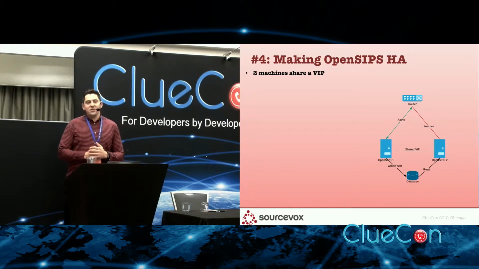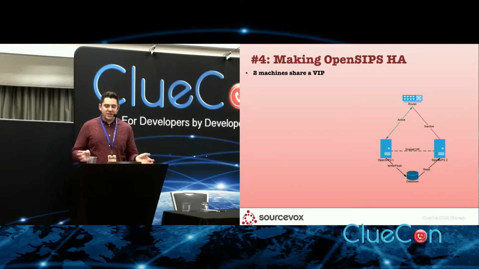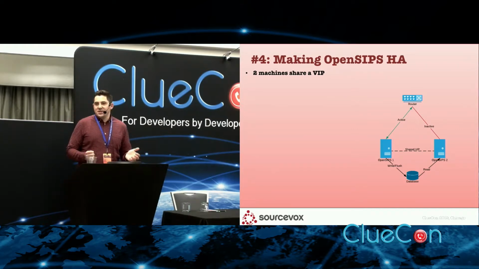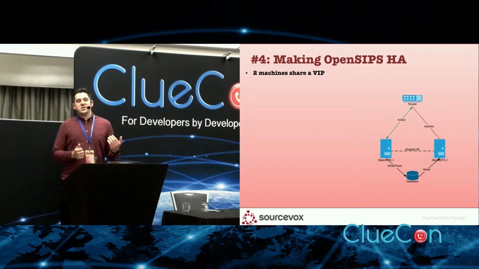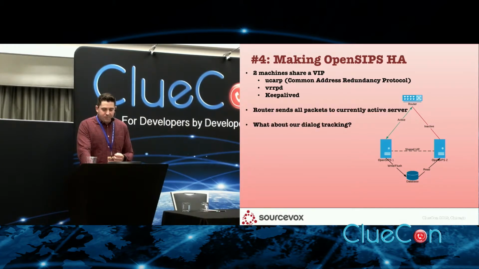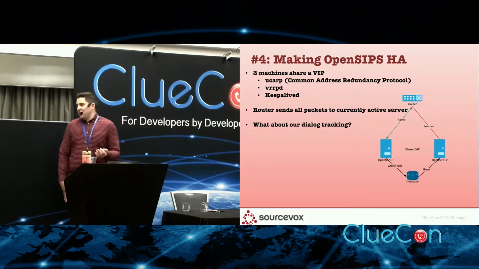So you have a shared virtual IP address between 2 machines, and one of them will advertise itself as the active machine to the router, which means all SIP requests to that IP address will go to the active machine. There are numerous ways to do this. We've used UCARP, VRRP, and keepalived in the past. So that's the classic way of doing it.